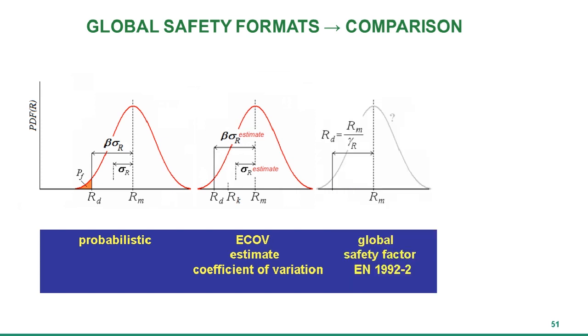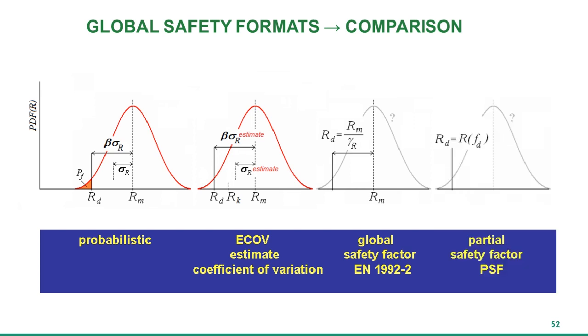If we compare it to the global approach, there we estimate the mean value and directly make an assumption of the design strength. This can also be contrasted with the partial safety factor method, where we assume that we are estimating directly the design strength.